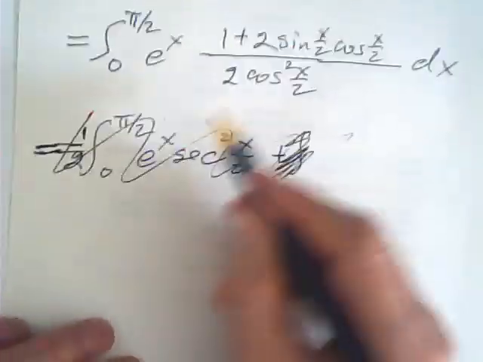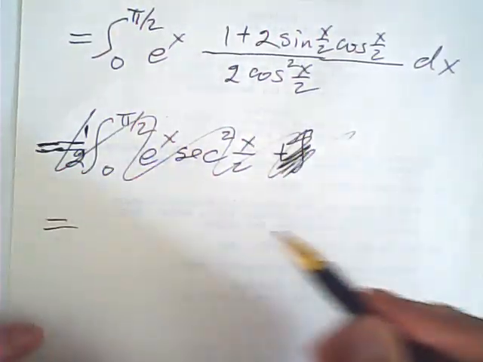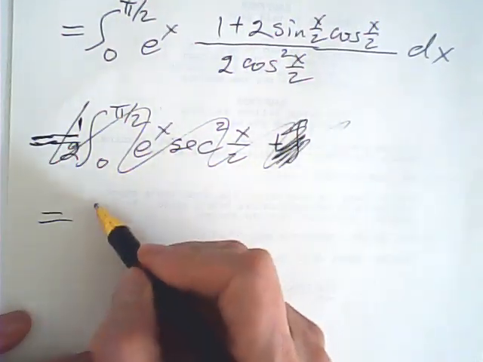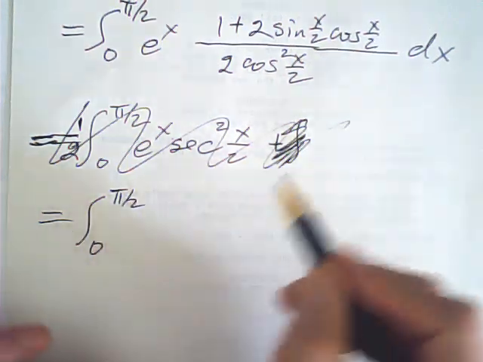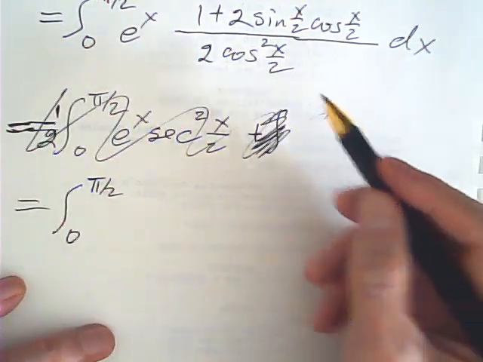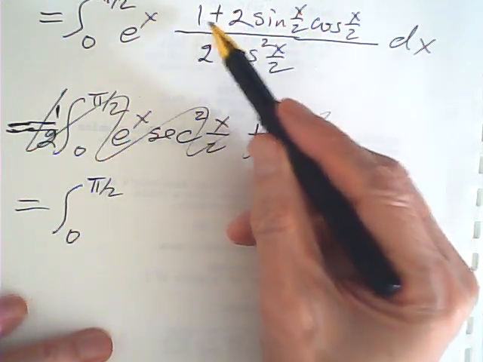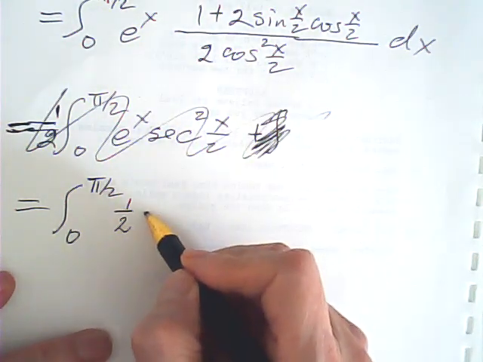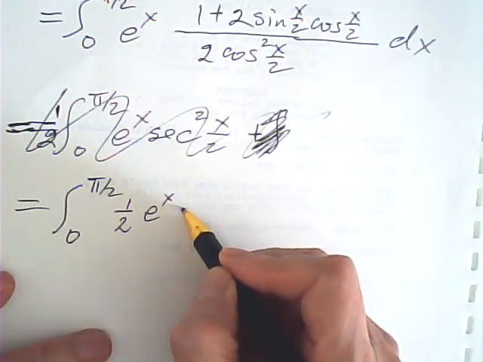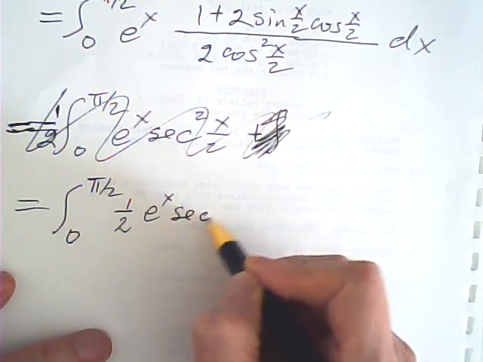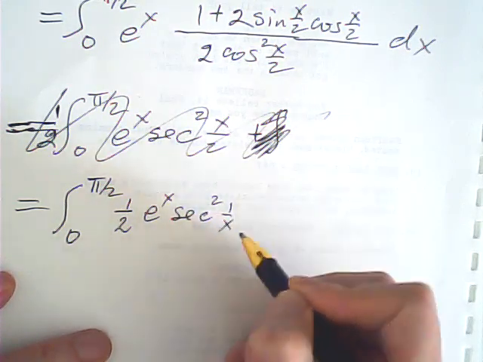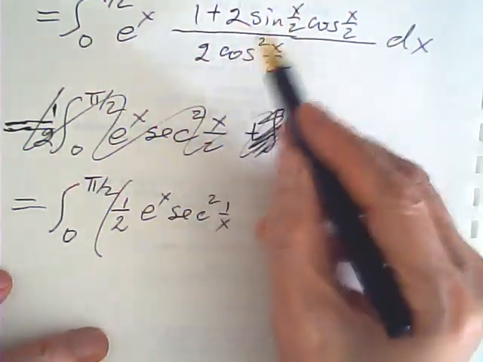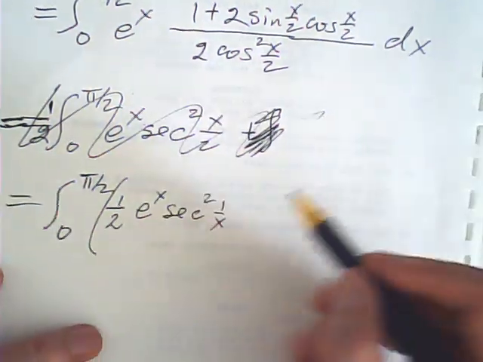Let me rewrite. Okay, let me reorganize. I try to express it in a way that is more easily acceptable. So let me write it this way. The first one is 1/2 e^x times secant square half x. That is this over this times this one.